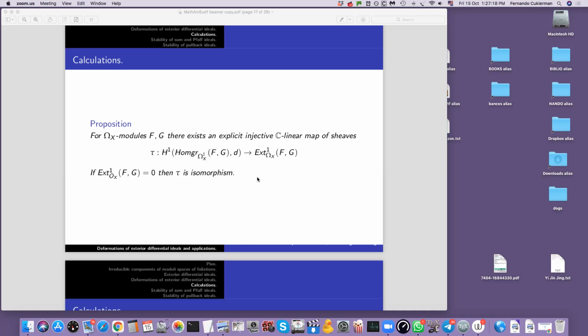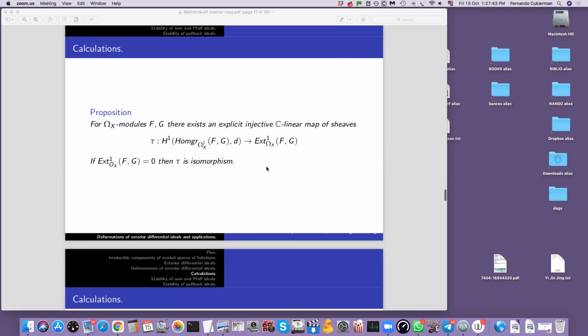Okay, calculating over omega sharp is in principle easier than calculating over omega, because omega sharp doesn't involve the D. In this isomorphism, we still have the D here, but this is a little bit more calculable than this. So this result is useful.